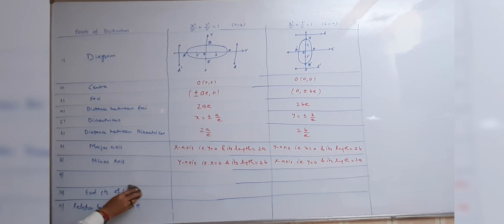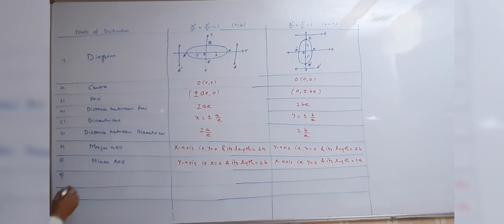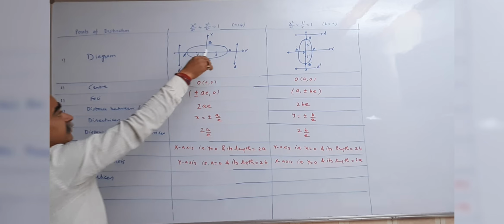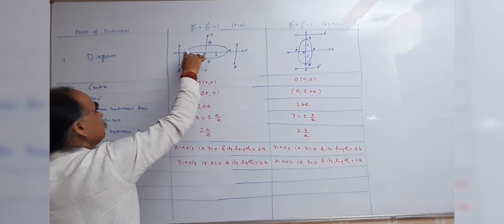Next is what? Vertices. Here there are 4 vertices A, B, A dash, B dash.